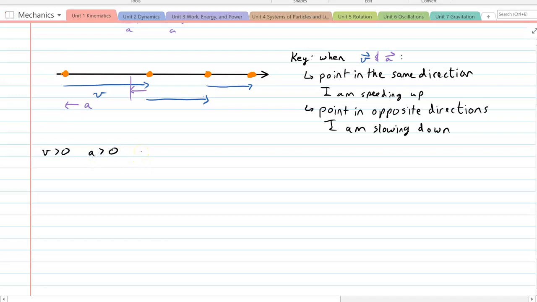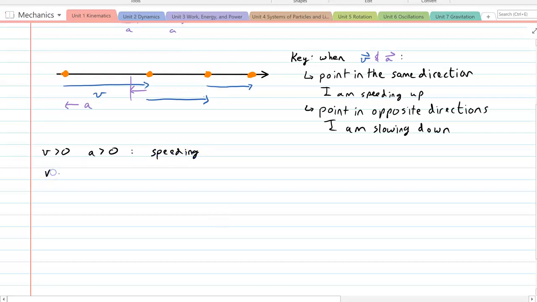Am I speeding up or slowing down? They're both the same sign, so I'm speeding up. Not accelerating, since anything with acceleration is accelerating in general. So I can't say I'm accelerating faster, because there's already an acceleration. I am speeding up is more of the correct terminology.